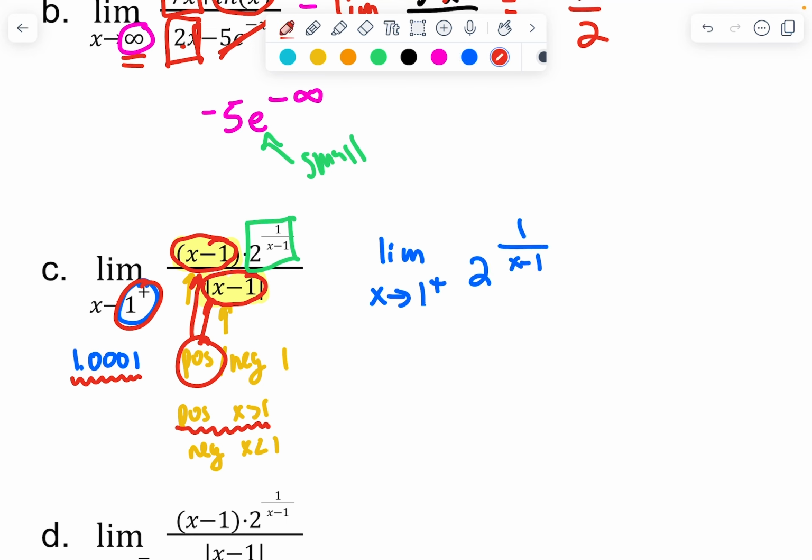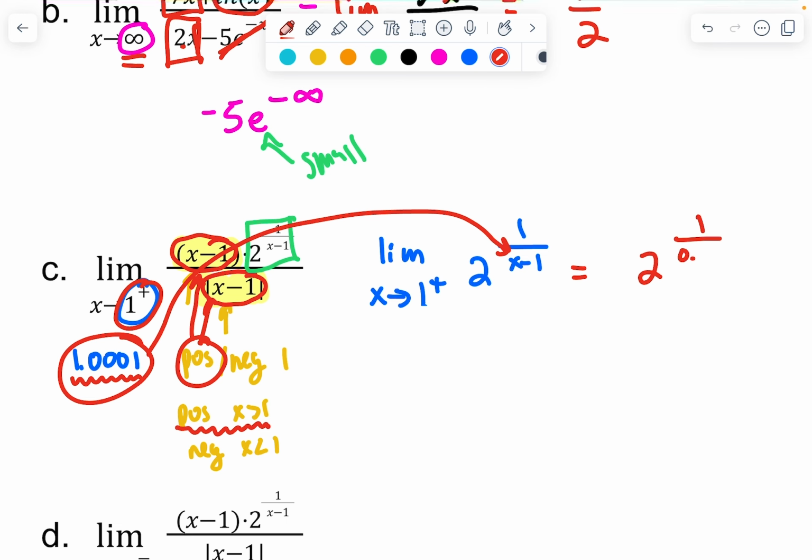Now, this we can figure out with direct substitution. Well, not direct substitution. We can't literally plug in 1 because we get 1 divided by 0. But we can plug in values that are just slightly bigger than 1. And what we'll have here is 2 to the 1 over just more than nothing.